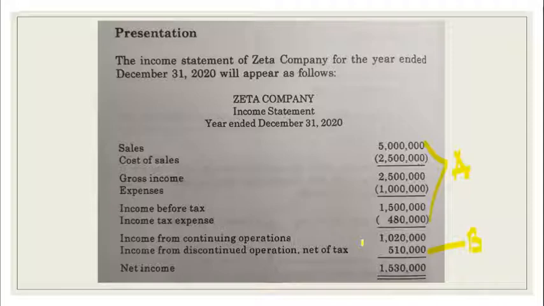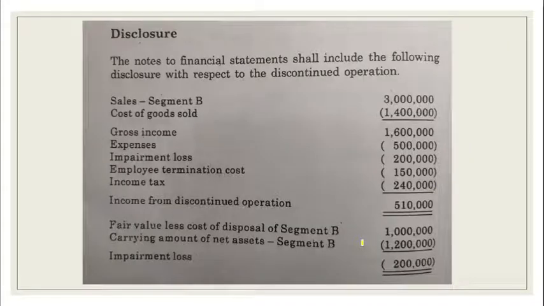Again, as mentioned earlier, the breakdown of your discontinued operation you include in your notes to the financial statements. So you disclose it there. Those are the disclosures, so the segment B details and so on are there.